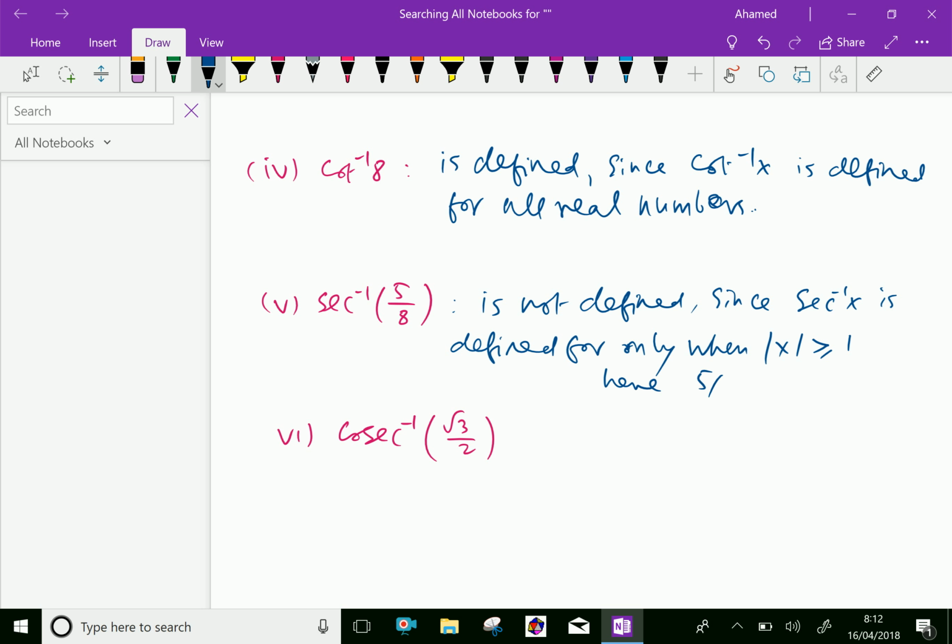Here 5/8 is lesser than 1, so it is not defined.